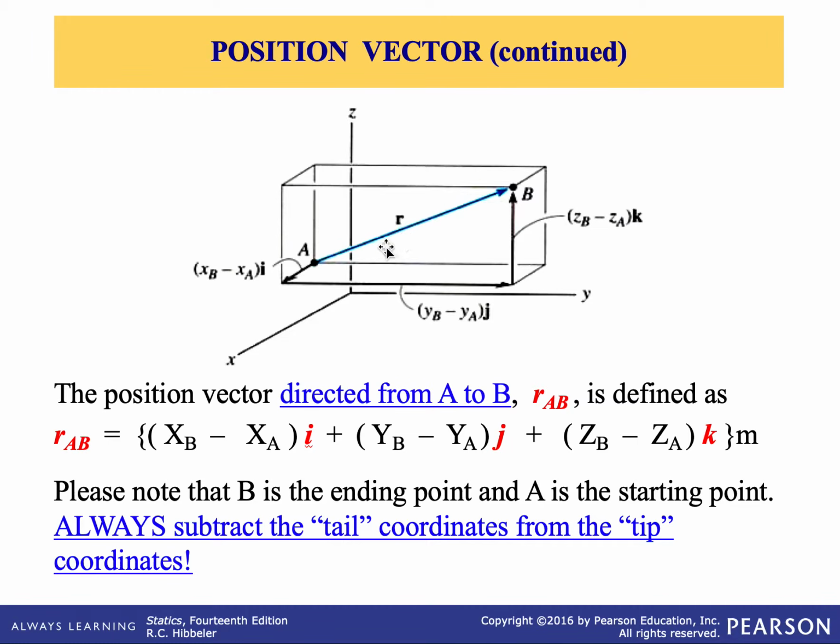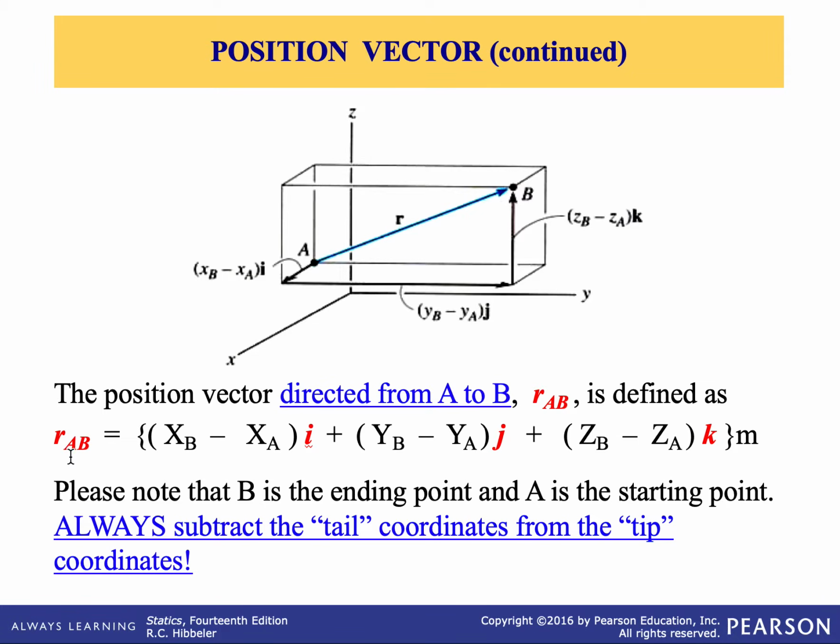In order to find R, you just subtract the x's: xB minus xA, the head minus the tail, all the time; yB minus yA, that's your j component; and zB minus zA, that's your k component. If you subtract these coordinates from each other, then you will end up with a position vector called RAB.